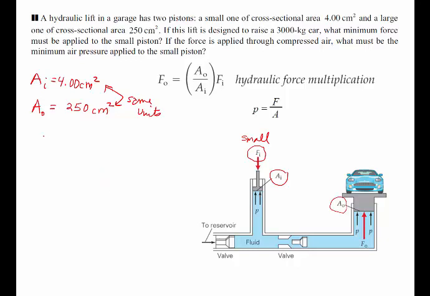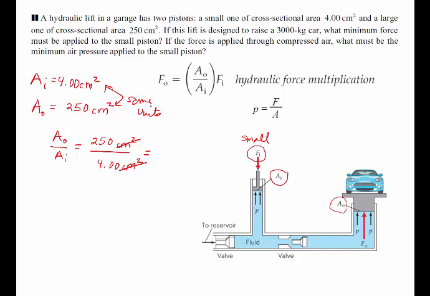So we can calculate the ratio of our larger piston's cross-sectional area to our smaller one. That gives us 250 square centimeters divided by 4 square centimeters. Again, our square centimeters cancel. So we have 250 divided by 4, which I should know off the top of my head, but apparently I haven't had enough coffee yet.